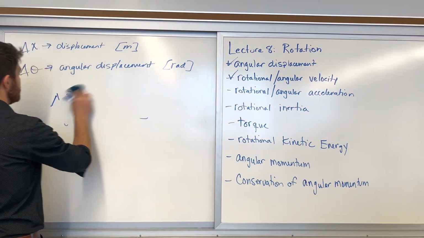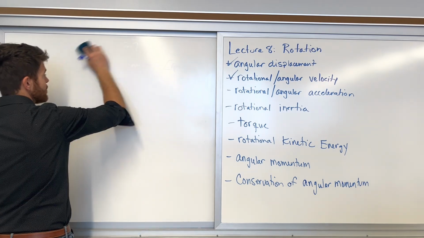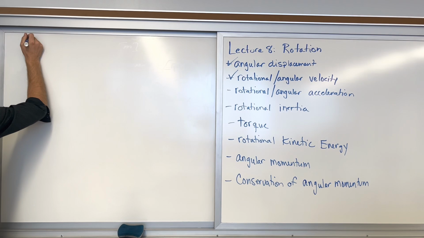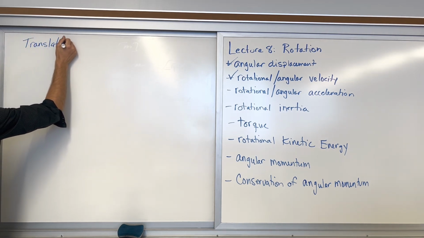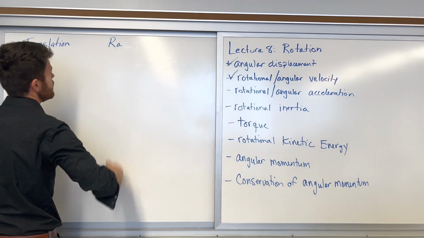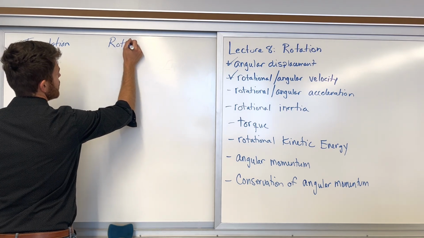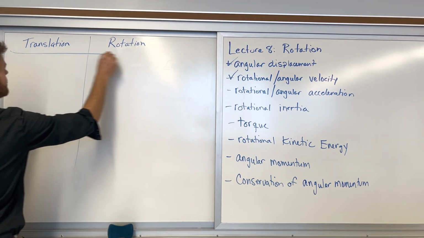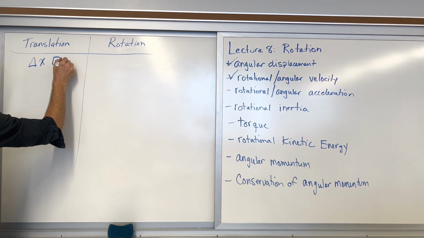Capital alpha is an A, but we use the lowercase Greek letter alpha to represent rotational or angular acceleration. So these concepts are all the same, just applied to rotation. If I make a table, this is translation, and this is the analogous notation in rotation. For displacement, we have delta x measured in meters.